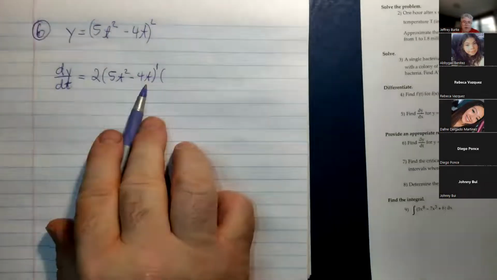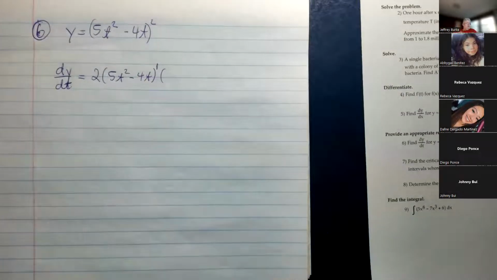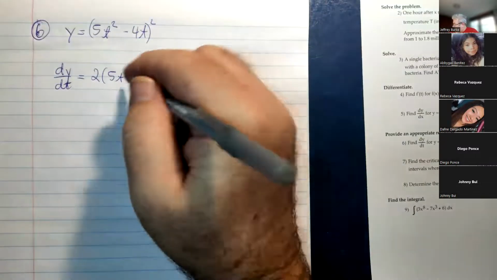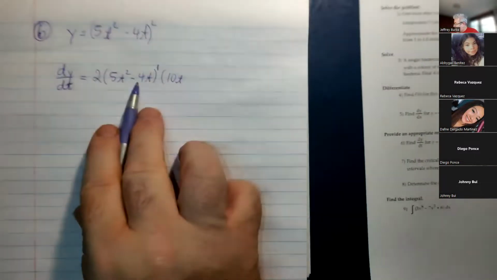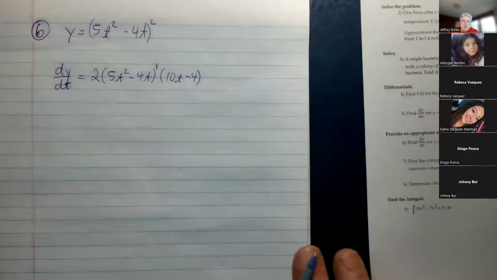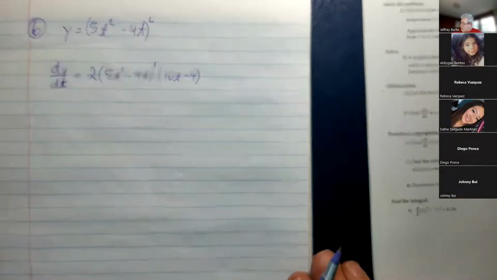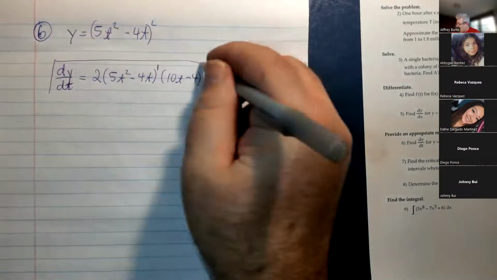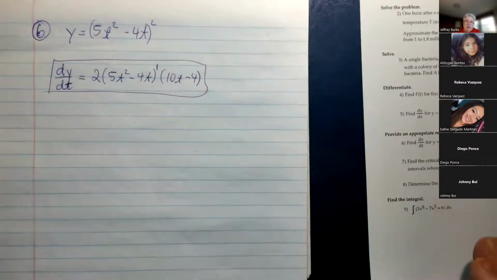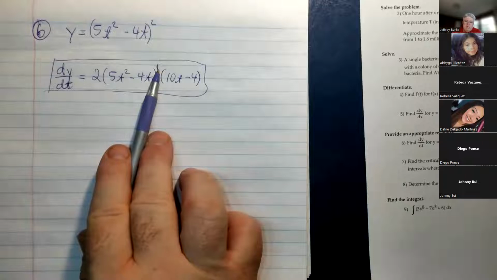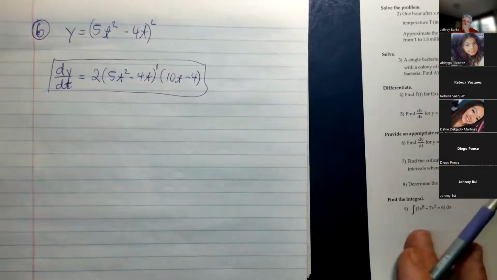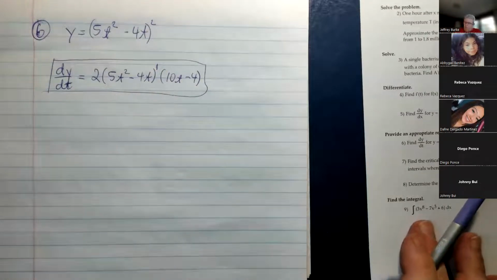Then times the derivative of what's on the inside there, which would be 2 times 5t is 10t minus 4. So that's something you could do. And in fact, if you just leave the answer like that, that's kind of the expectation of what you would do for the question. You don't even need a 1 here. It doesn't have to be shown because that's implied if there's not an exponent there that it's 1. So this is the derivative.